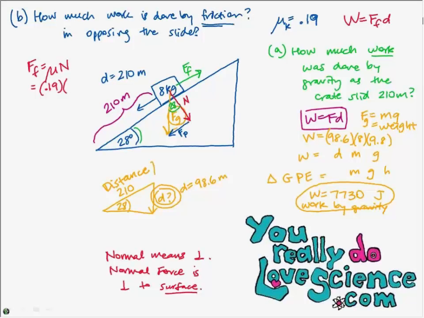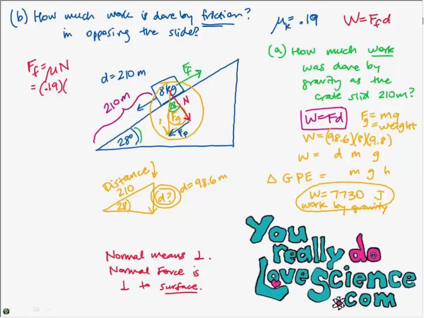But in this triangle right up here, the smaller one, it's a force triangle, not a distance triangle, and the force of gravity, or the weight of the object, is the hypotenuse. Did we figure out the weight of the object? We did 8 times 9.8. So 78.4.